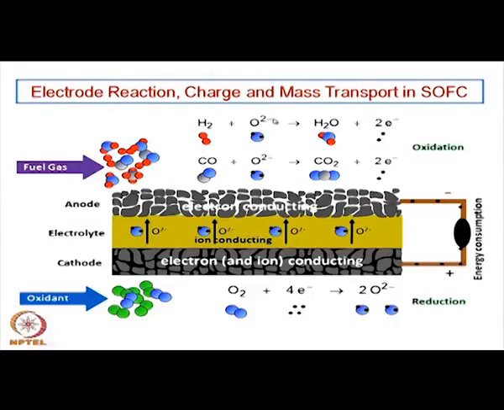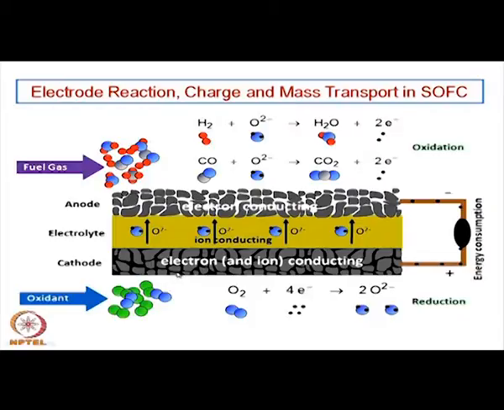Hydrogen plus oxygen ion will generate water and then it will release electron. So, the electron will flow from this side to this load to this side and this will continue.